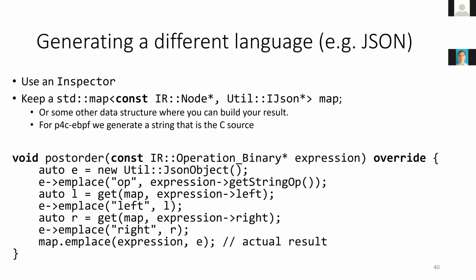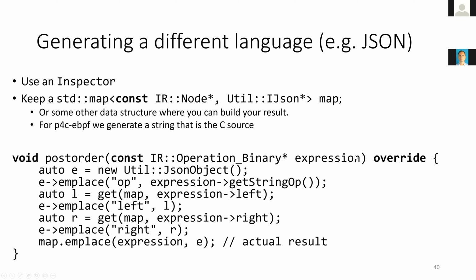It's a visitor that only crawls the IR tree, but as a side effect, it populates this map. And from this map, you will be able to read either partial results or maybe the whole result that you can then dump to the output, depending on what your target is. So let's look at this code, which compiles a binary operation. How do we generate JSON for a binary operation? All right.